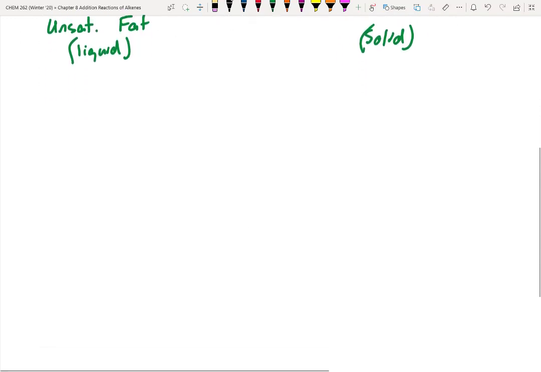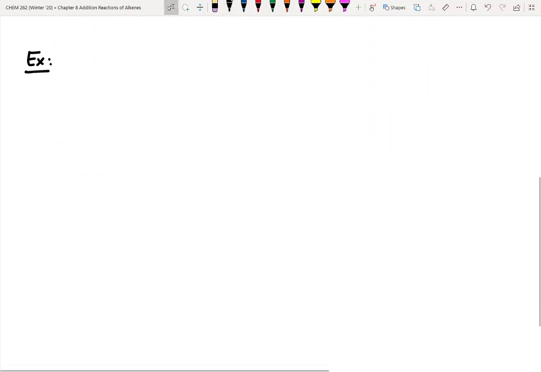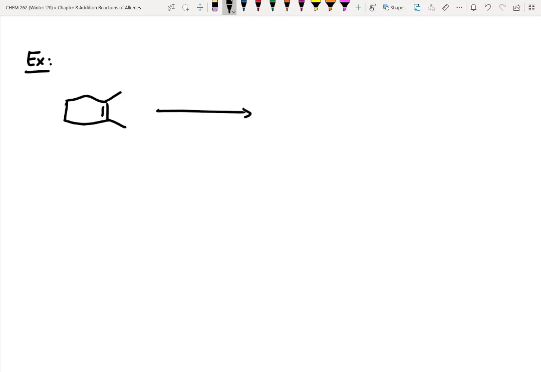All right, so I did want to present a few other things. So let's take a look at this reaction. Let's predict what the product would look like if we do hydrogenation of this alkene. And pay attention to stereochemistry too, right?